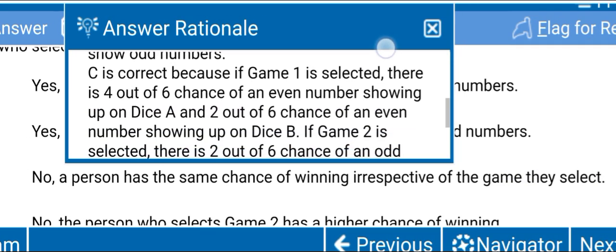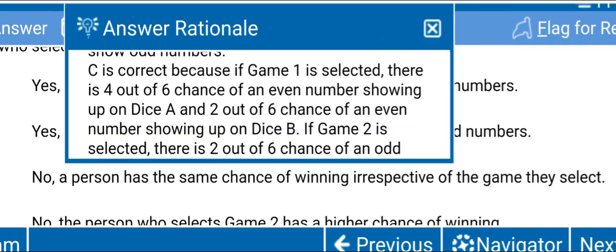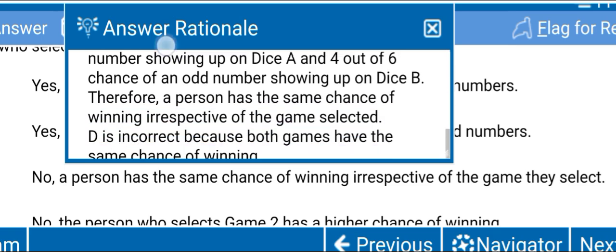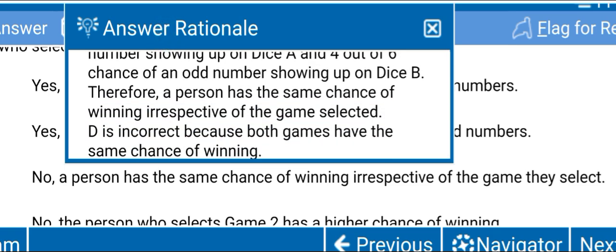C is correct because if game 1 is selected, there is a 4 out of 6 chance of an even number showing up on dice A and a 2 out of 6 chance of an even number showing up on dice B. If game 2 is selected, there is a 2 out of 6 chance of an odd number showing up on dice A and a 4 out of 6 chance of an odd number showing up on dice B. Therefore, a person has the same chance of winning irrespective of the game selected.